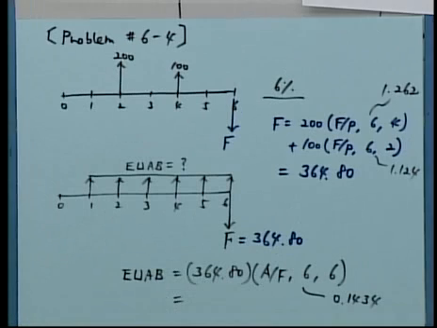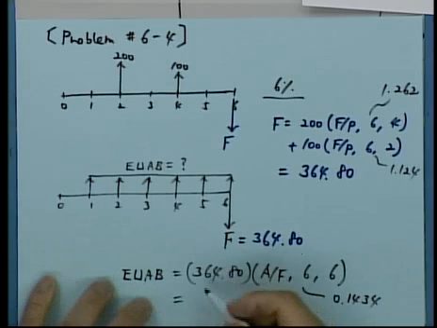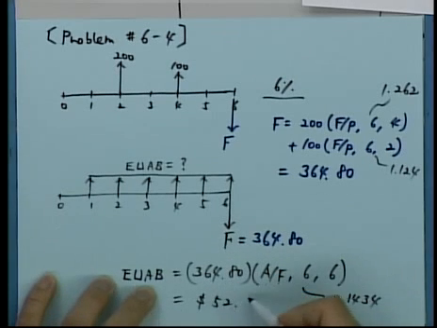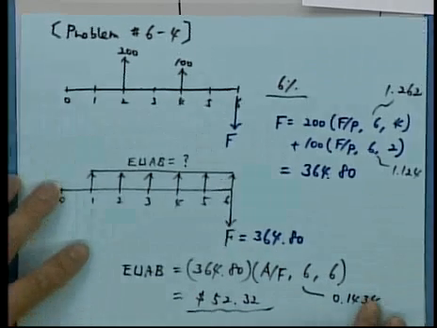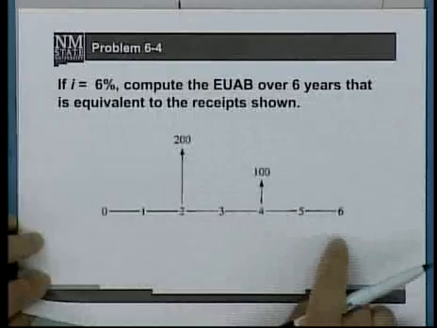So how much is that? This is $52.32. Okay, that is the equivalent uniform annual benefit of these receipts shown in this diagram.